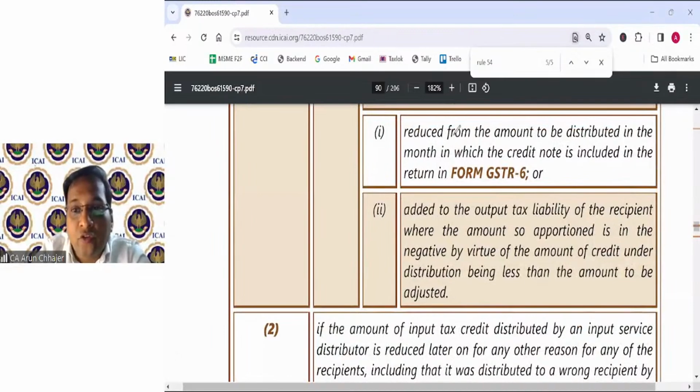Then reduced from the amount to be distributed in the month in which the credit note is included in the return, or if it is a negative amount.